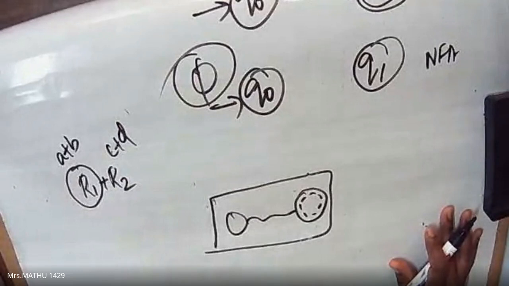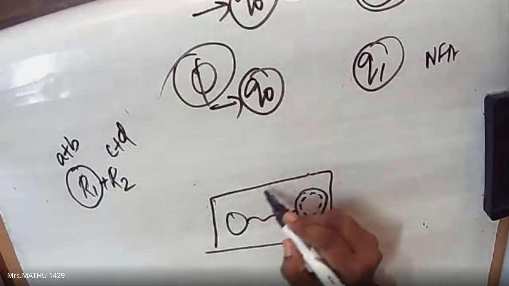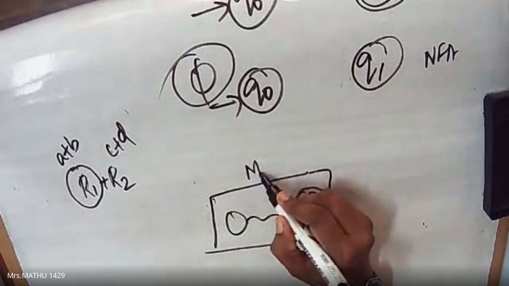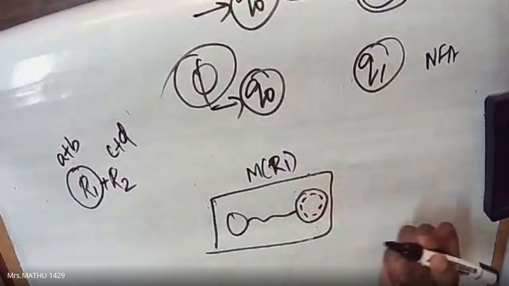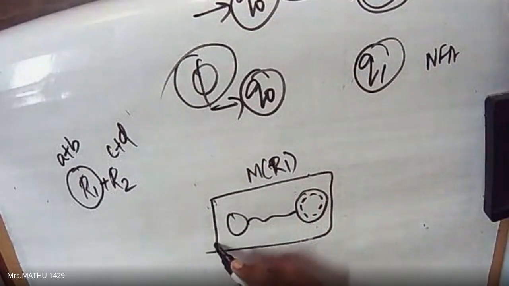So this is a machine for R1, and we can draw an NFA for R1 separately.